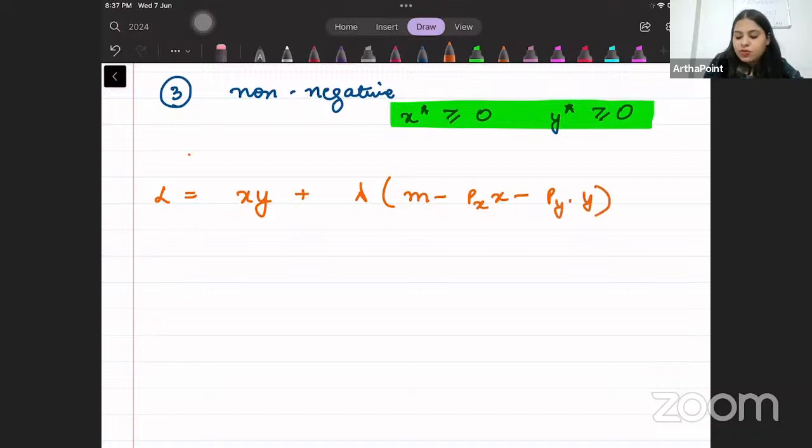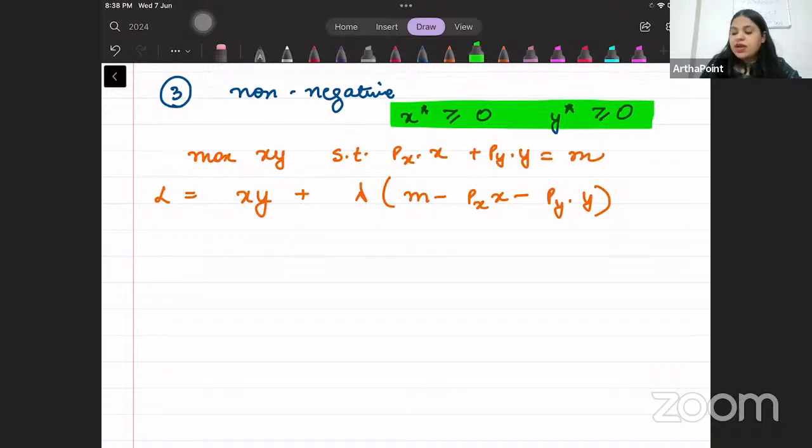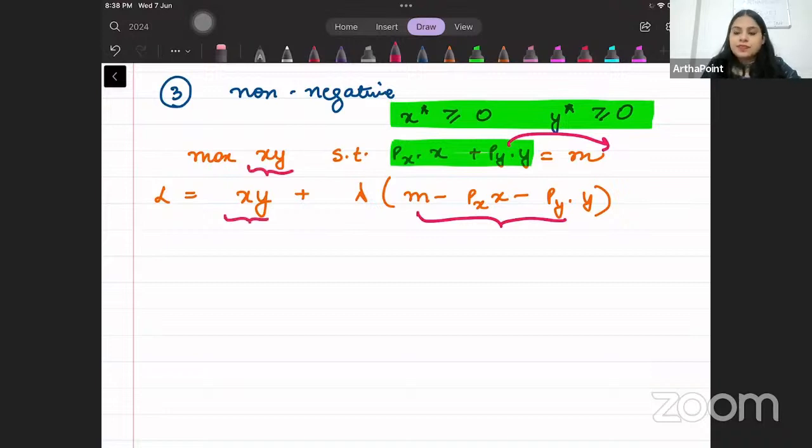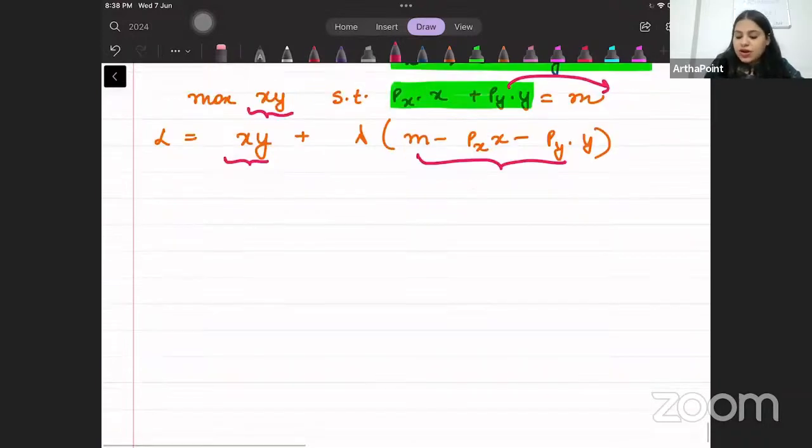So I wanted to maximize my utility subject to my budget constraint, px into x plus py into y is equal to m. But this thing will go on to the right hand side here, and that entire thing will come here, and this will be your utility function. Then you will go ahead and differentiate this with respect to x. You will get this.